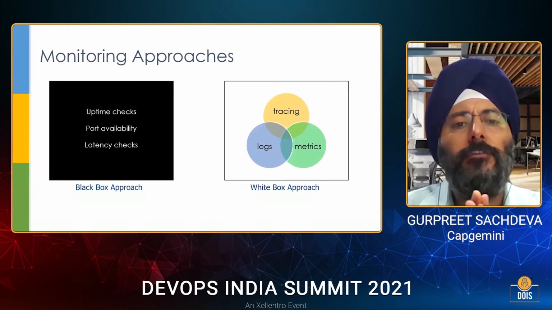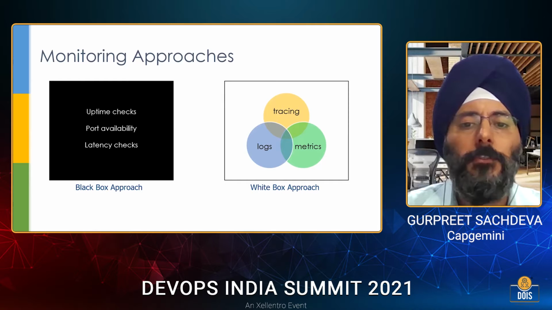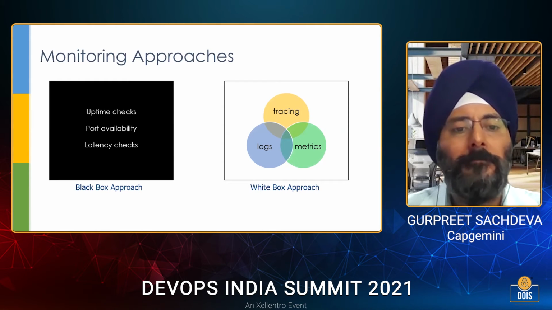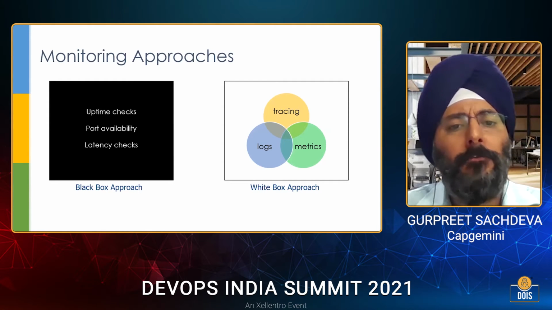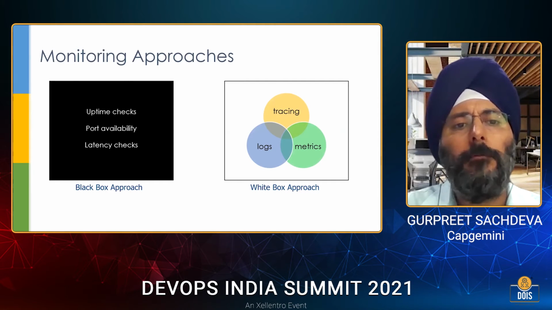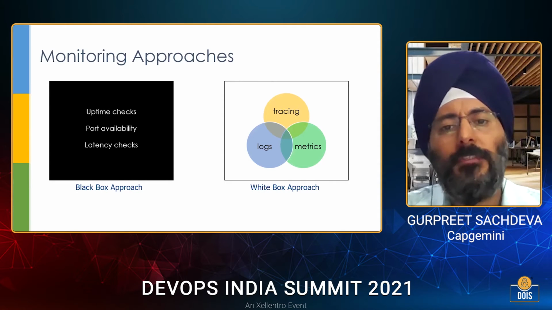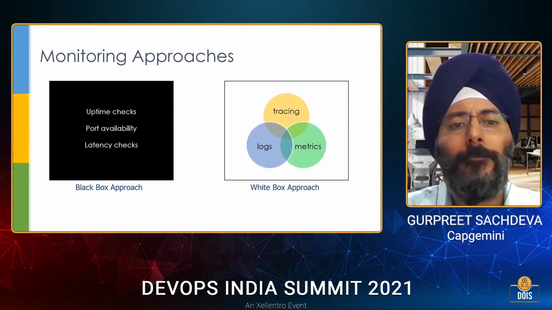Ideally, we should rely more on white box monitoring with modest use of black box monitoring. Black box monitoring is symptom oriented and represents active, not predicted problems. For example, the system isn't working correctly right now. We can use uptime checks, port status, and latency checks for black box monitoring.